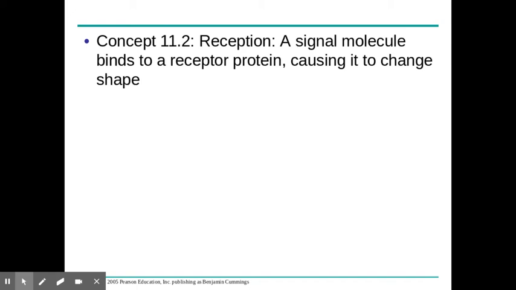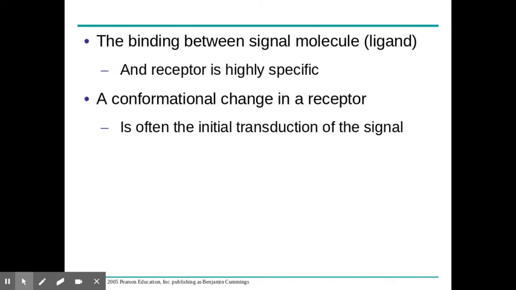They have to be complementary, meaning they have to be the perfect shape for each other. The binding of the signal molecule and the receptor is highly specific. If we think of the reason why, because proteins have a specific shape. They only fit that one specific signal molecule because of their shape.